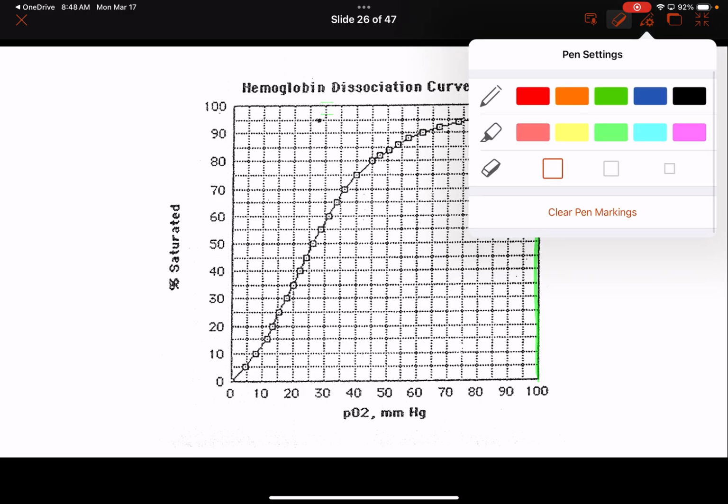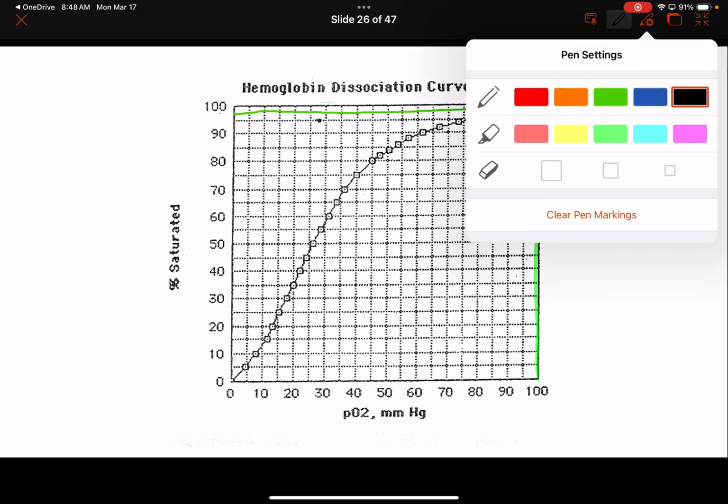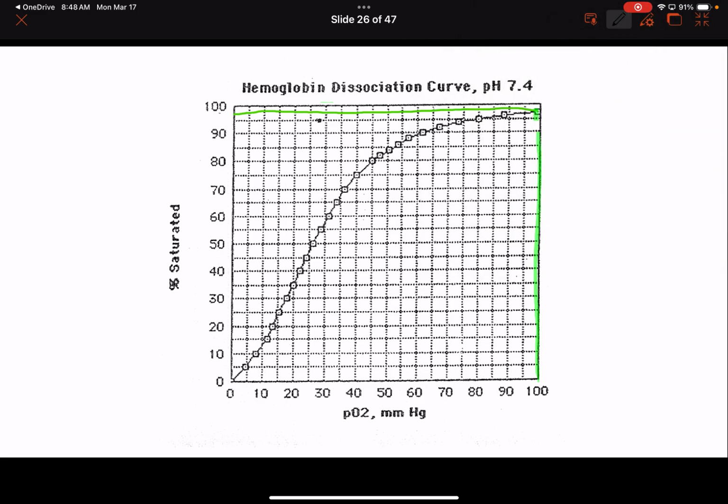I'll do a pen instead. That's going to equate to about 98% saturation there. So at 100% saturation is what we're going to experience at 100 millimeters of mercury for PO2.